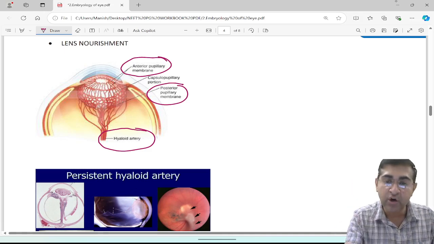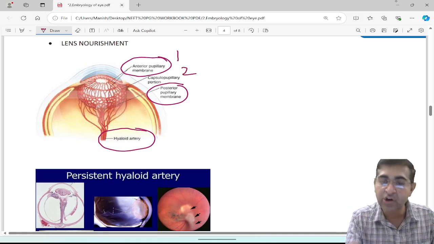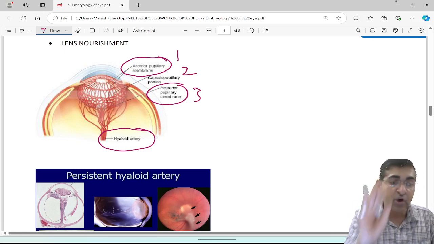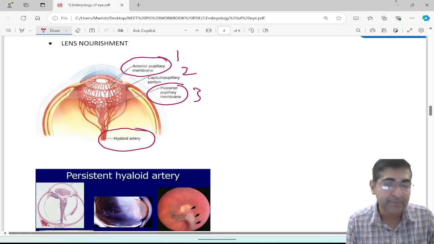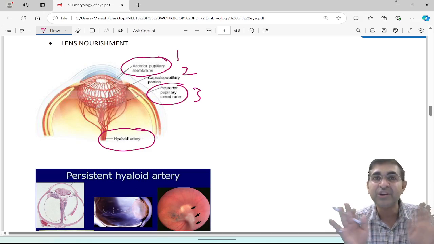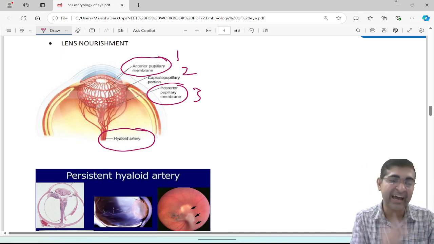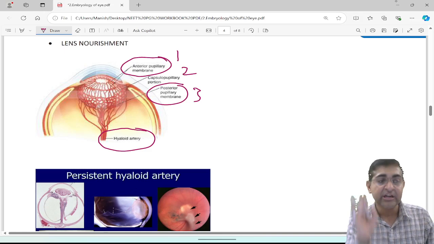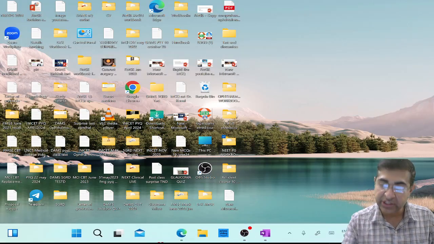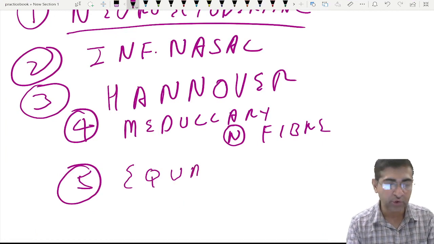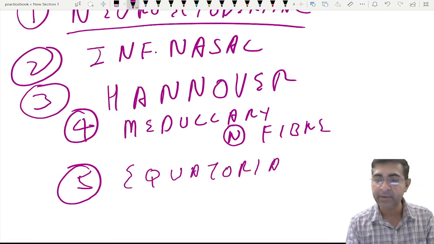One option was anterior pupillary membrane, second was capsulopupillary portion, third was posterior pupillary membrane, but fourth was equatorial pupillary membrane. No, it is not amongst the three branches that I have given. So that will be your best answer. Here the answer is D, equatorial pupillary membrane.